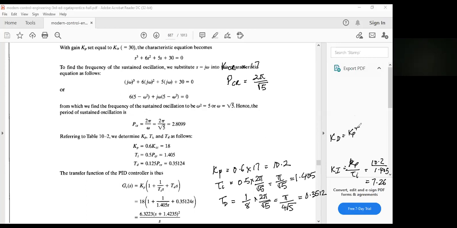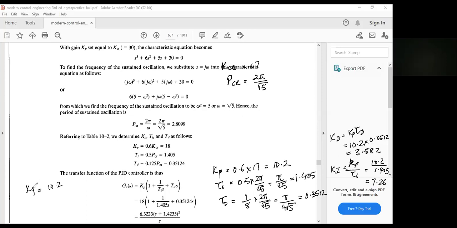And Kd is Kp times Td, which is 10.2 times 0.3512. That equals 3.582.